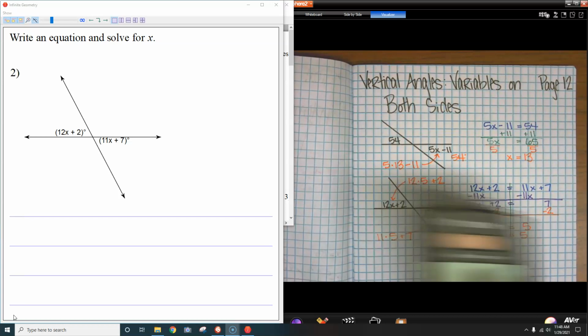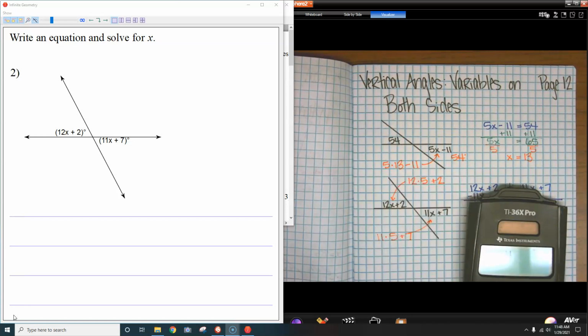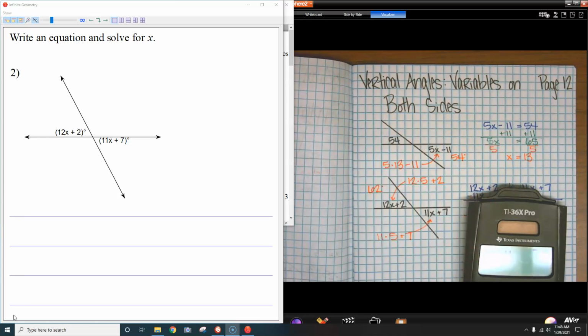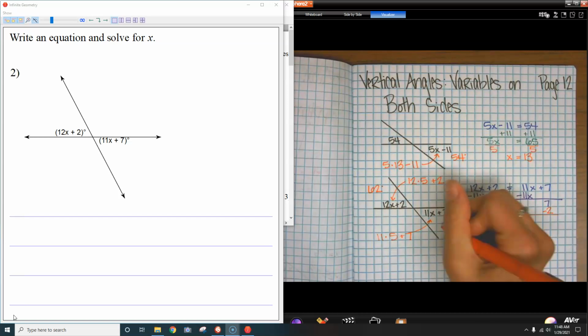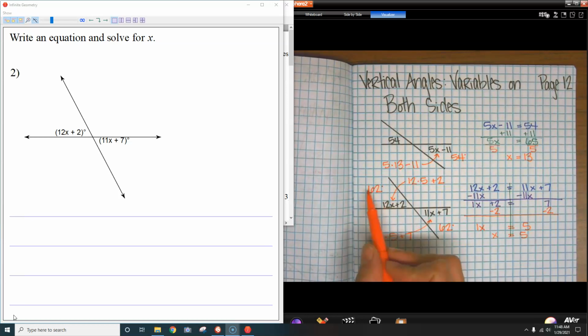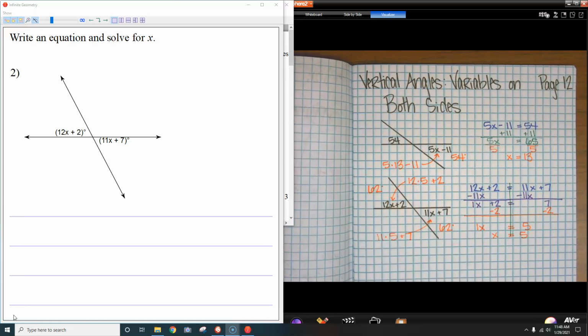So now I'm just going to plug that in. 12 times 5 plus 2 is 62. So this one is 62 degrees. 11 times 5 plus 7 is also 62. But wait, those equal the same number. They should, because vertical angles are equal to each other.